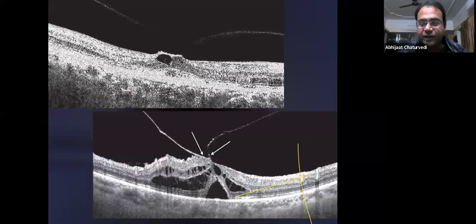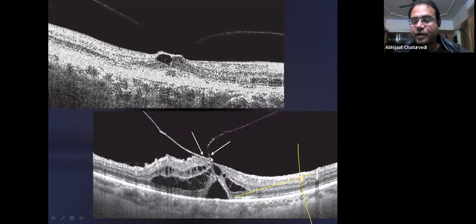And a very bad thing which also happens with this very bad VMT is something which is developing here. You can see all the layers are coming totally fine over here, but after this it gets disrupted. The entire thing is pulled. This is an outer retinal defect, a defect in the outer layers.